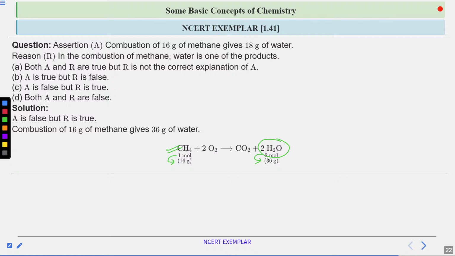So this equation clearly says that 16 gram of methane combustion will give you 36 gram and not 18 gram of water. Is it clear to all of you? So from this we can say that the reason is correct because we are getting water, but the assertion is not correct.